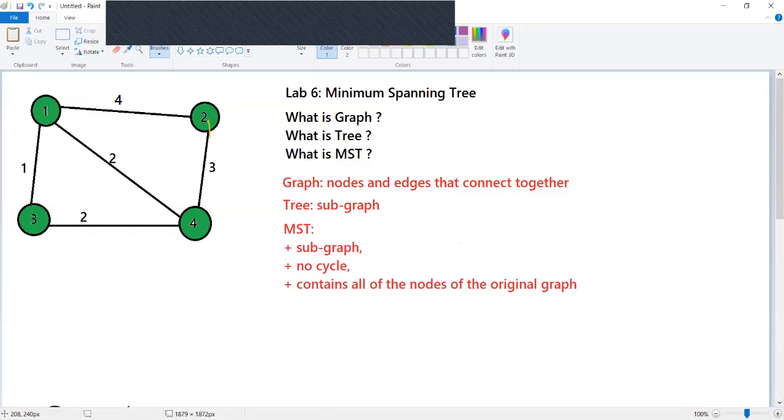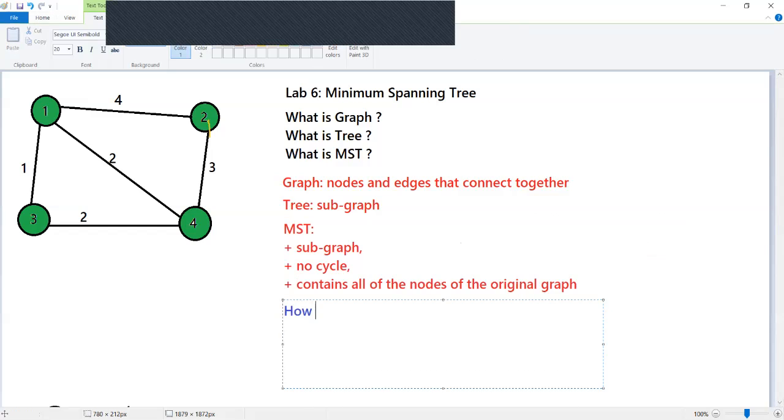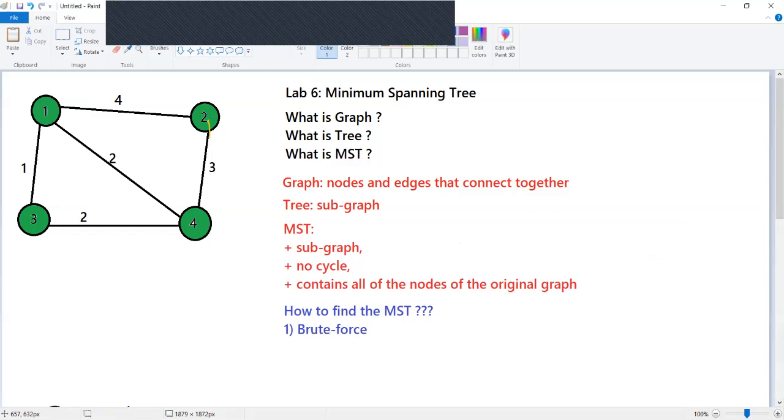Okay, so let's go back. After you know all the basic theory, concepts, definitions, and terminology, let's move on to the main problem: how to find the MST. So the first way is using brute force. Brute force means you try to find all the combinations, and then you pick the best one.